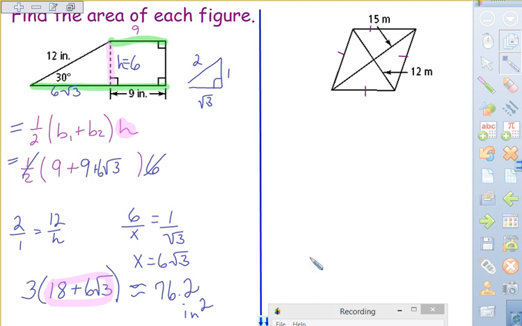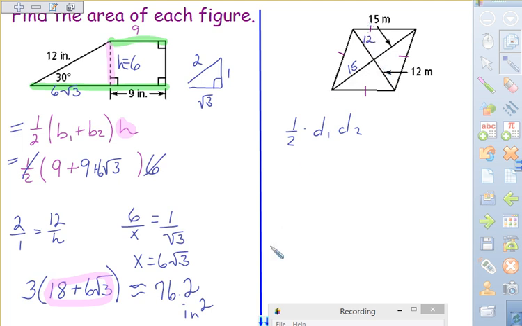In the second example, this looks like a rhombus. All sides are equal. So formula for rhombus is 1/2 diagonal 1 times diagonal 2. In a rhombus, if you remember correctly, diagonals bisect. So if this is 15, this is 15. If this is 12, this is 12.